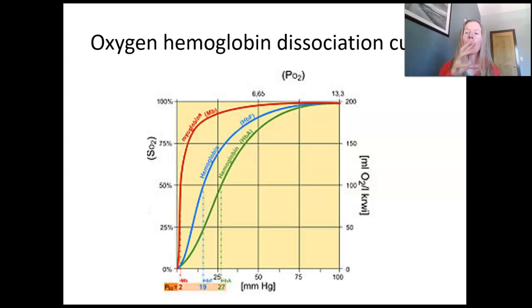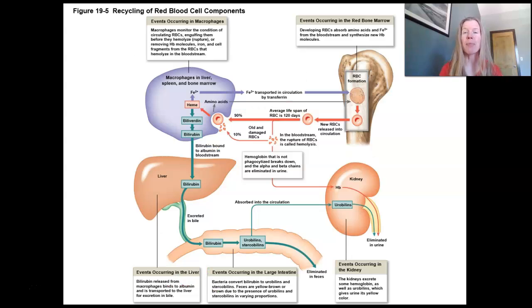Remember that one? We want those red blood cells, the hemoglobin, to pick up oxygen and CO2, but they also need to let go. They need to be able to deliver those gases as well. And so you'll be talking more about the oxygen hemoglobin dissociation curve. Good stuff. Let me know if you need help with that.